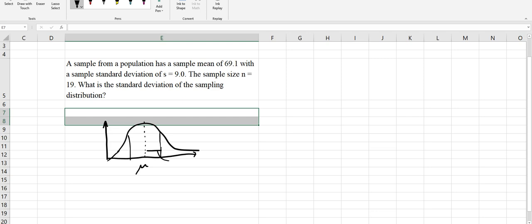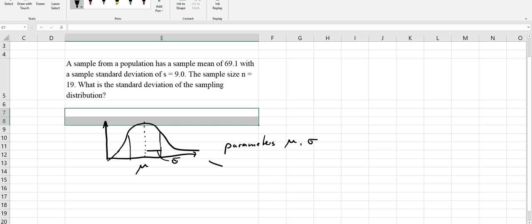And this standard deviation would be abbreviated with a sigma sign. So that's our standard deviation for the population. And these are our parameters, mu and sigma for our original population.